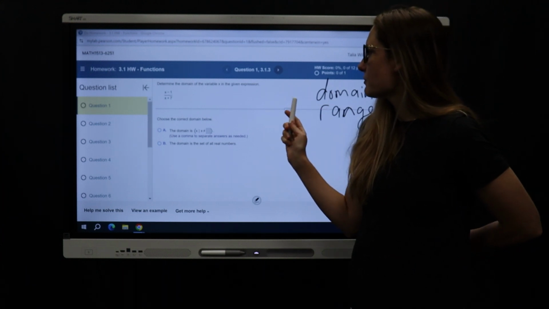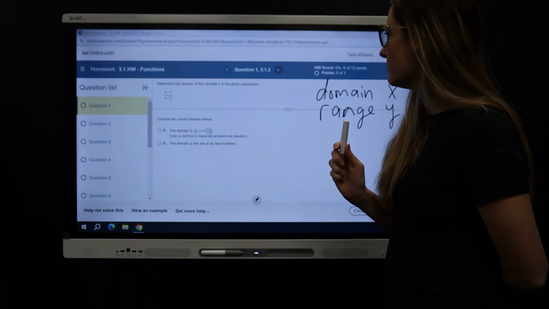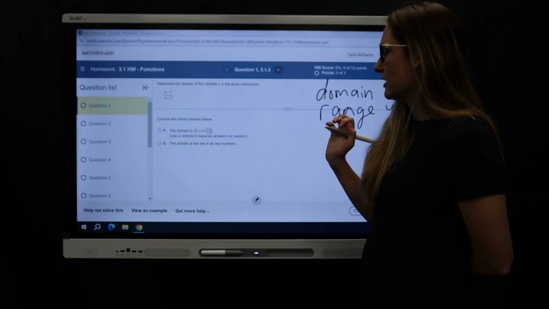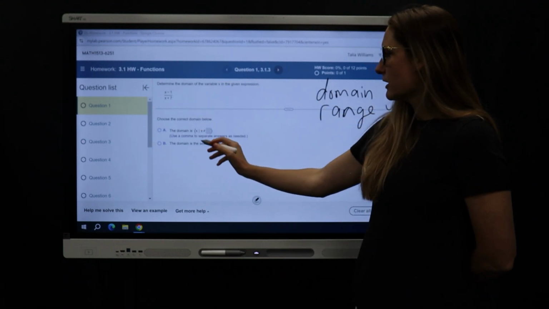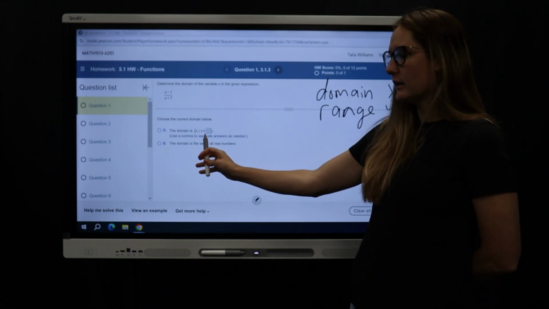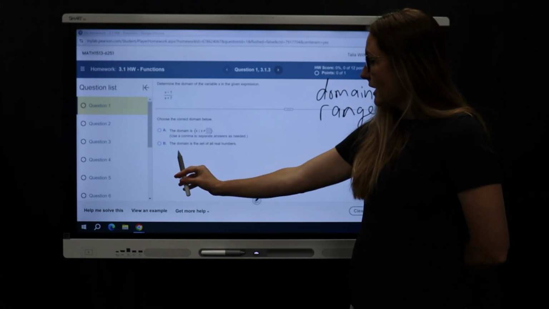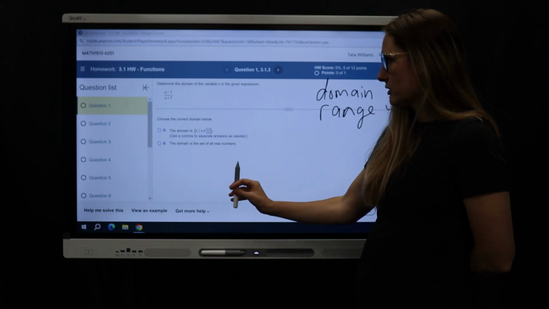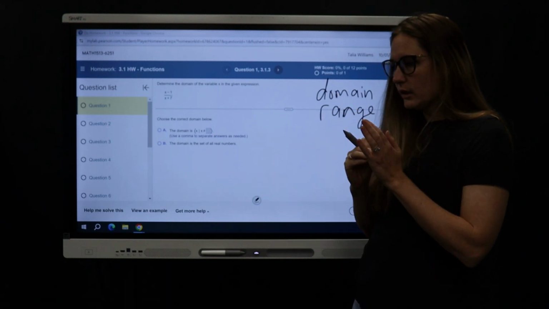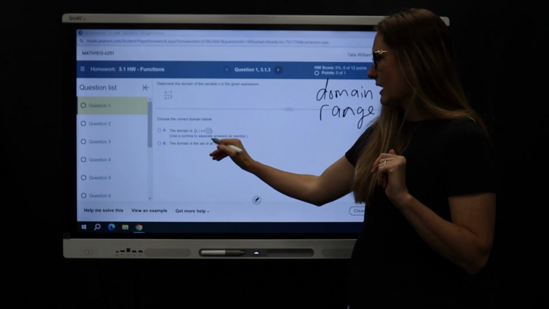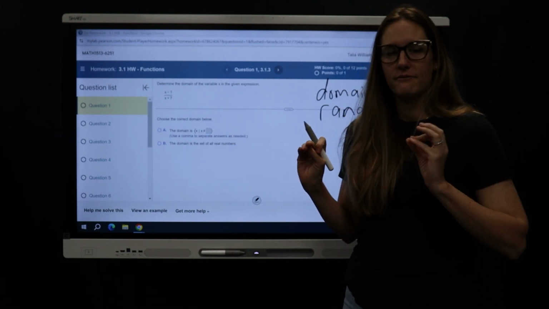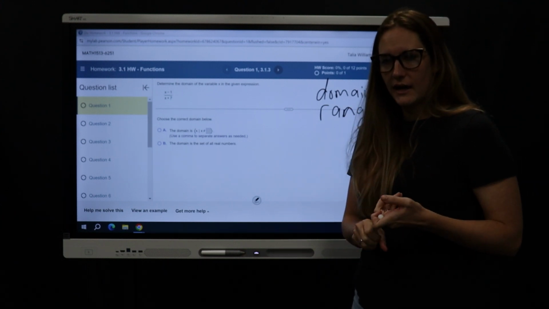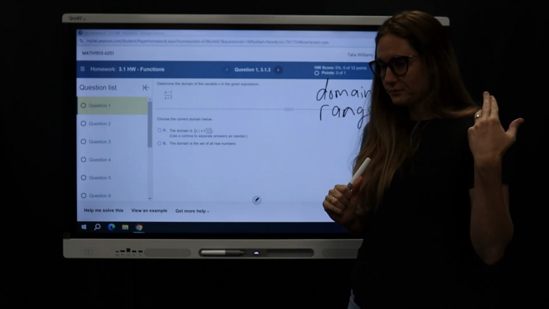So when we see this problem, it says determine the domain of the variable x in the given expression, and it has x subtract 1 over x plus 7. Our options right here, we have the domain is x when x cannot equal a certain value, and then the domain is a set of all real numbers. The only time we're going to have an x cannot equal something is if there's a certain value that's going to make that function undefined or not real.